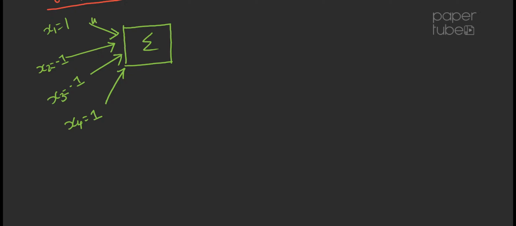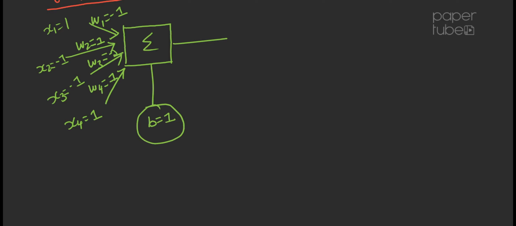So W1 is equal to minus 1, W2 is equal to plus 1, W3 is equal to minus 1, and W4 is equal to plus 1, and then you have a bias which is equal to 1.